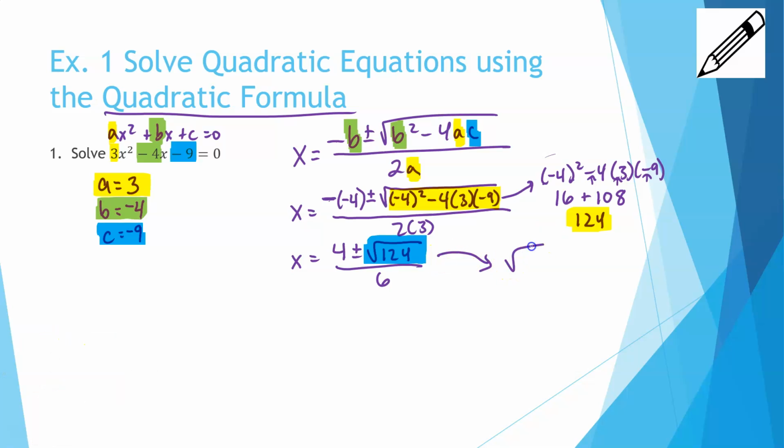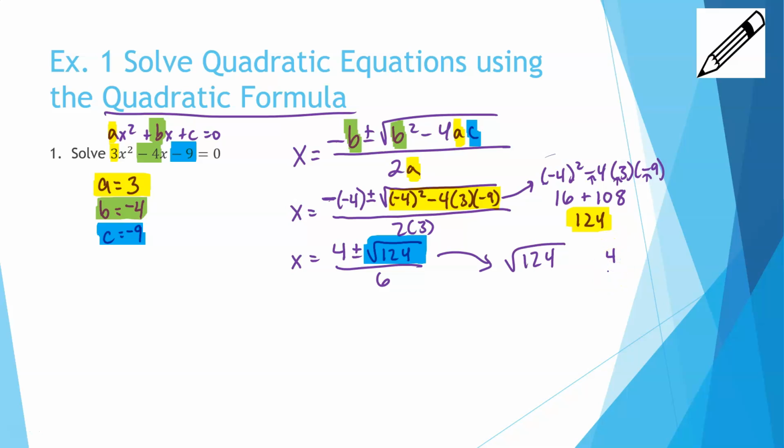Okay, so the next thing we're going to talk about is if I have the square root of 124, this is not a perfect square. Okay, so when I typed it, if I type in the square root of 124 into my calculator, it is not a whole number, it's a decimal. So rather than putting a decimal, we are going to think about 2 numbers that multiply together to get 124. And we want to think about perfect squares.